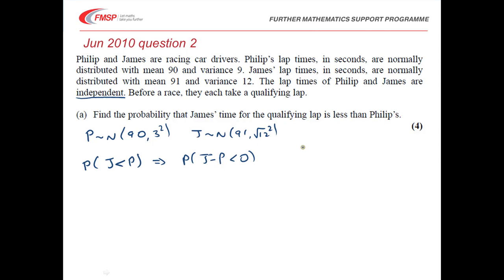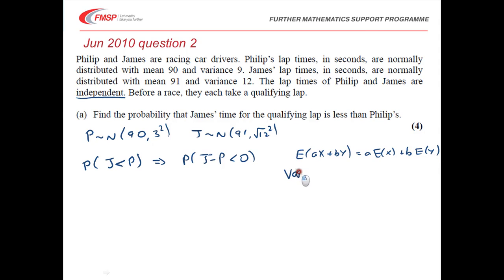Okay, so what we need to be aware of is how the rules work. There is a formula that says if you've got the expectation of ax plus by, then this becomes a E(x) plus b E(y). That's quite a standard definition.